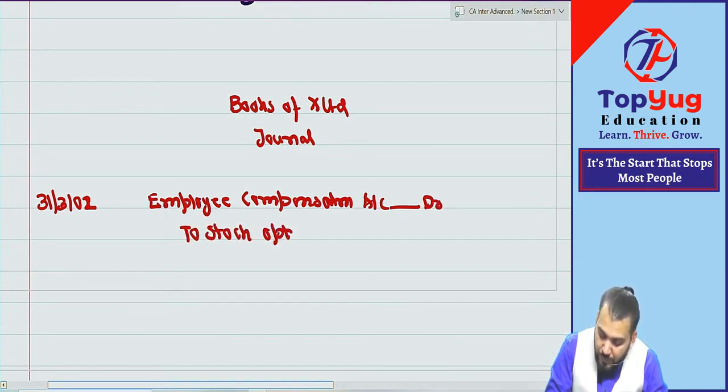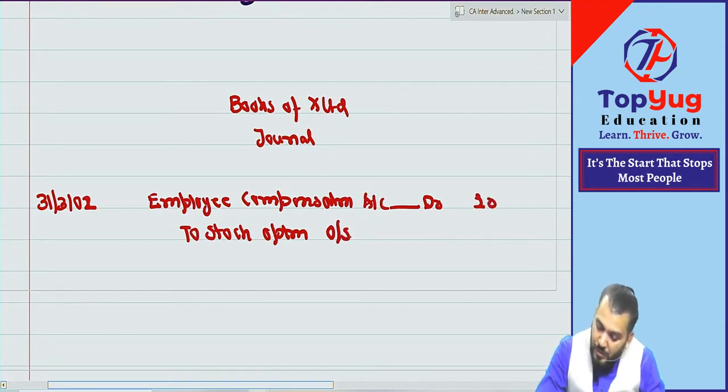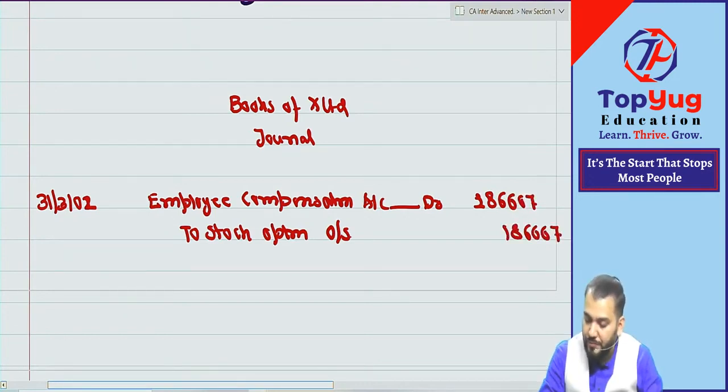Stock option outstanding account, 1 lakh 86,667. Can you do the balance journal entries on your own? Do it.